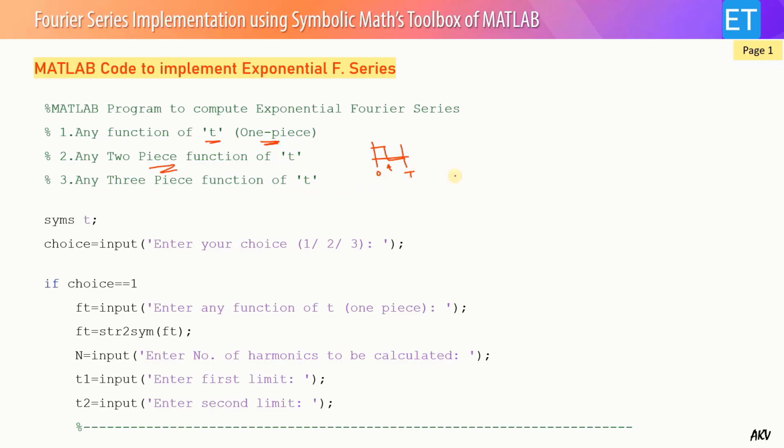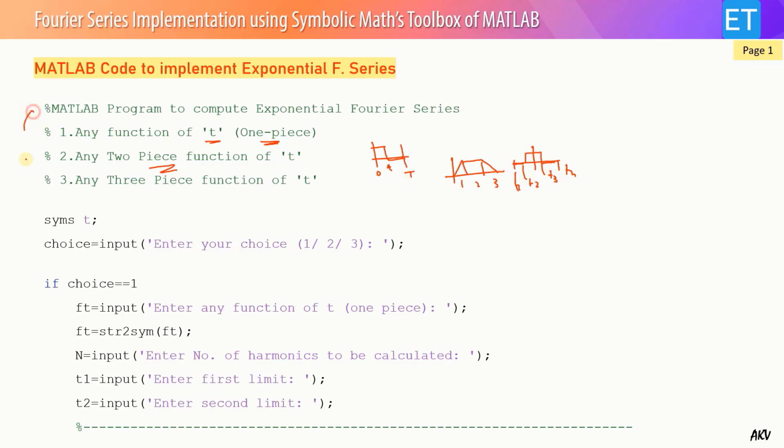And three-piece functions, I mean this type of functions which are described in three pieces, I mean 1, 2 and 3. Also a square wave like this, which is also in three pieces, I mean from let's say t1 to t2, then t3 and then t4. So this type of functions you can enter.